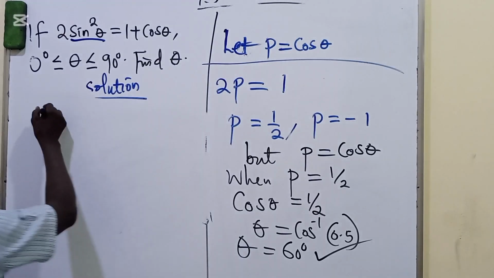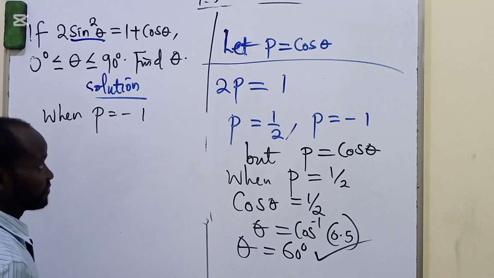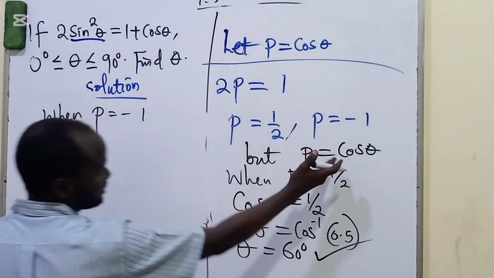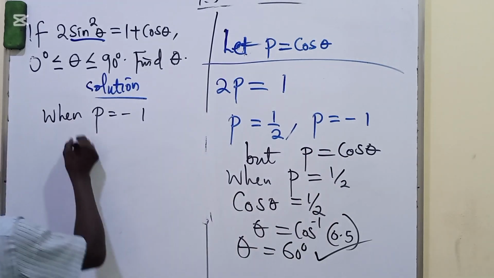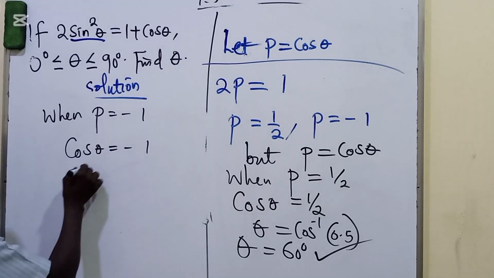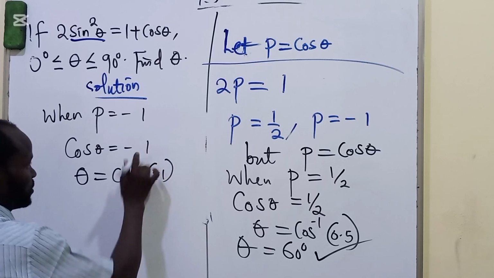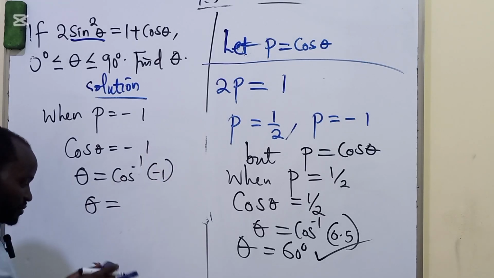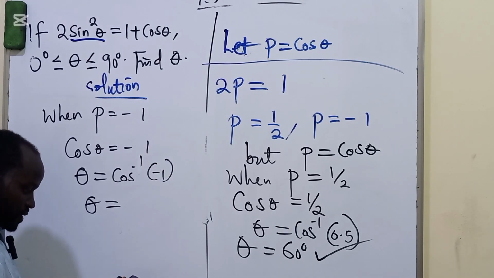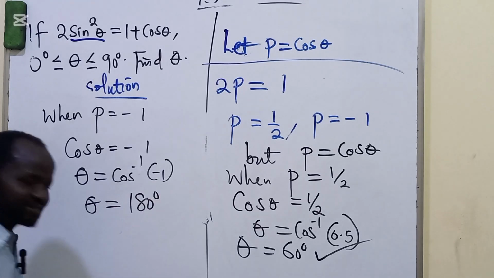When P is minus 1, what will be the value of theta? But cos theta is P. So cos theta will be equal to minus 1. Theta now will be the cos inverse of minus 1. What will be the cos inverse of minus 1? Ensure that your calculator is in degrees. Cos inverse of minus 1 is 180 degrees.